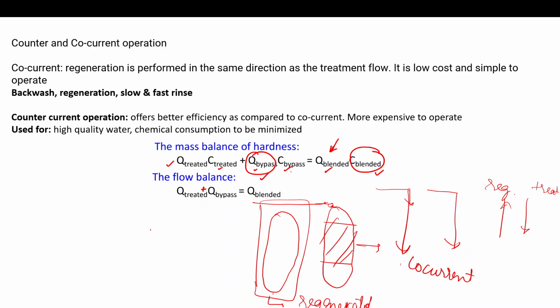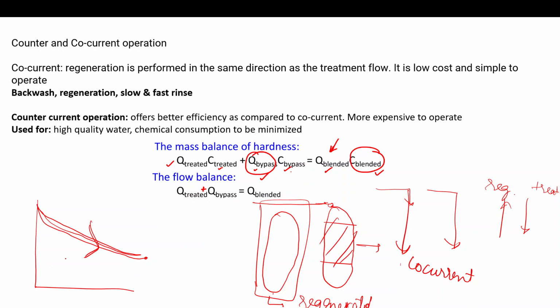Now why counter current is always better, let me give you an example. Let's say this is the trend, any trend if we are following. So this is the concentration profile which is followed.